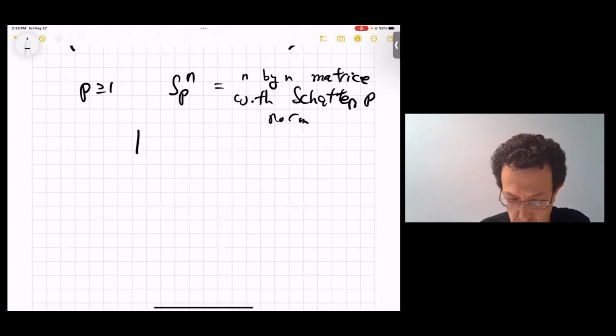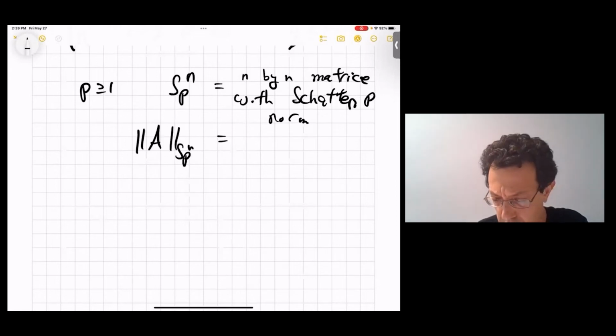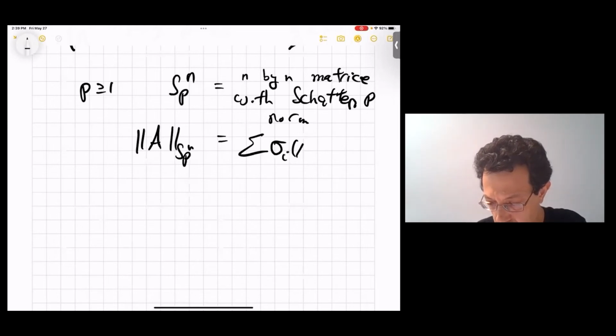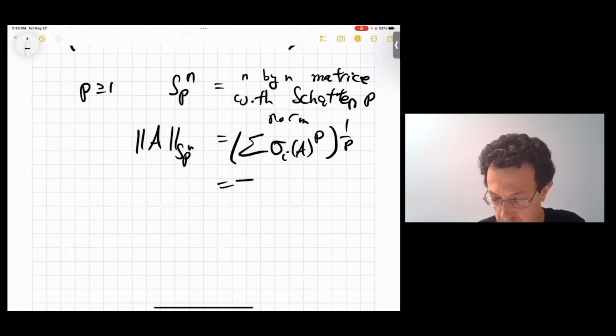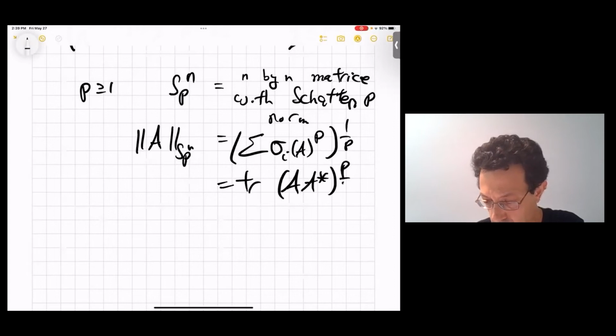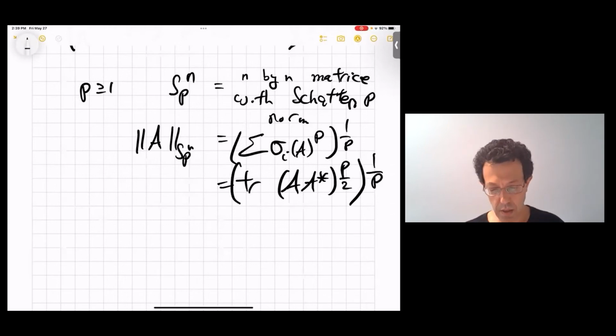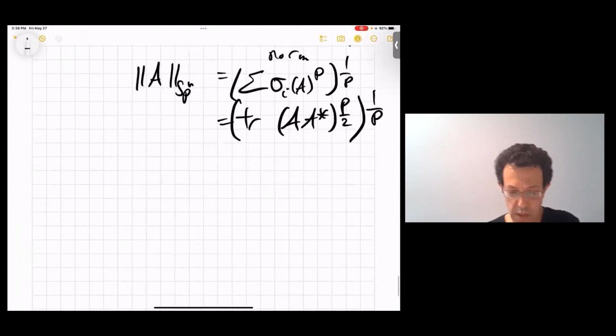The norm of a matrix A is just the LP norm of its singular values; that is, the trace of (A star A) to the P over 2, all to the 1 over P. And then you can look inside it.